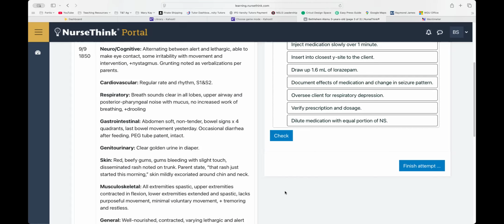Anything else that we see that's abnormal? Tremoring and restlessness. Yep. Got tremoring and restlessness. We're going back and forth between being alert and lethargic.